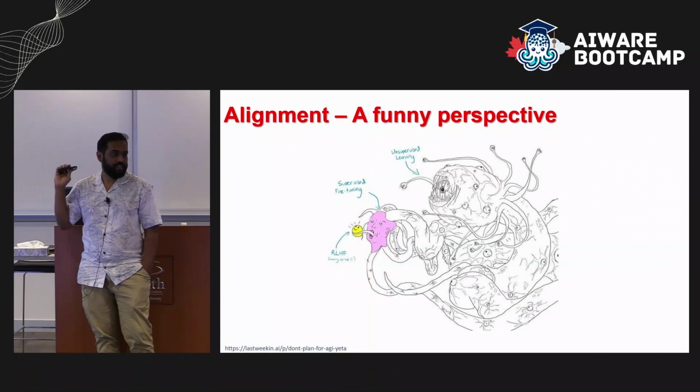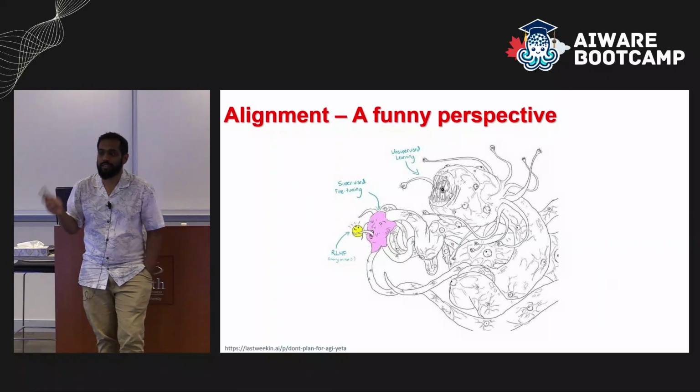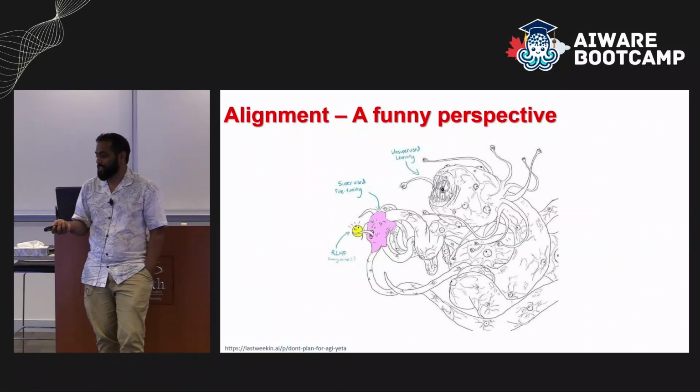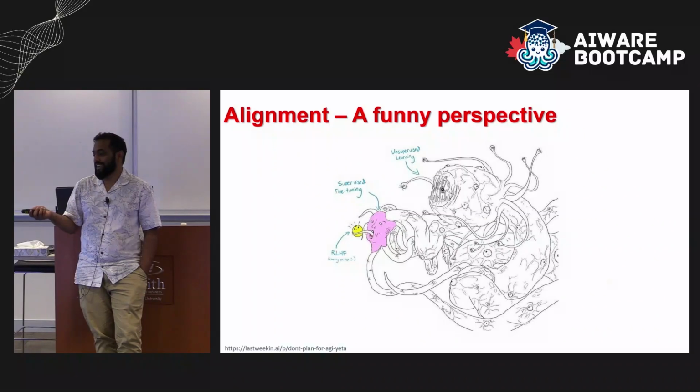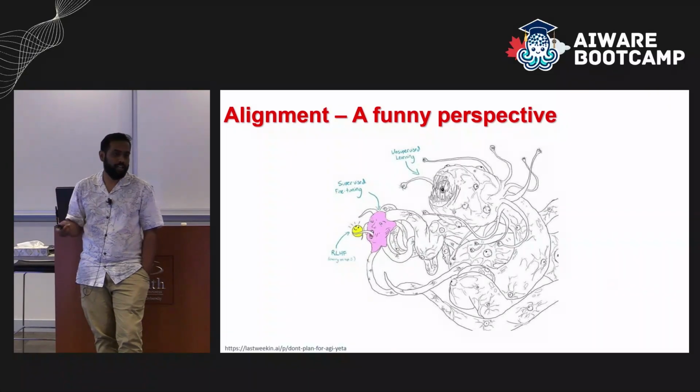This is something I found online, and it was one of the best representations of alignment that I found. If we just take the unsupervised learning, there's a lot of toxicity, there's a lot of bias, and there's not a lot of useful prediction that comes out of it.